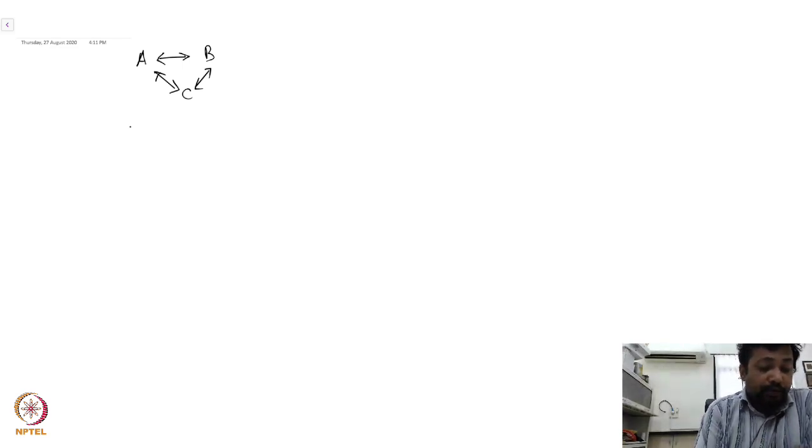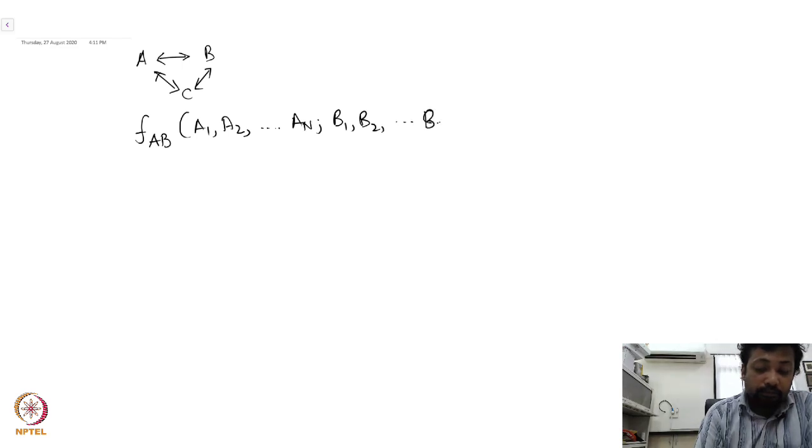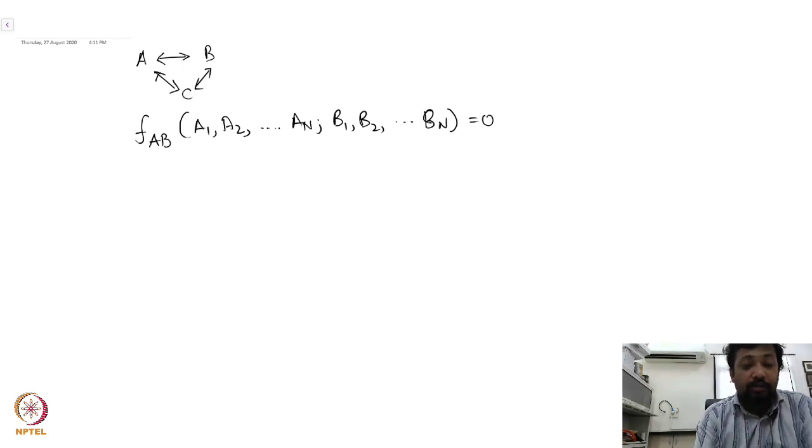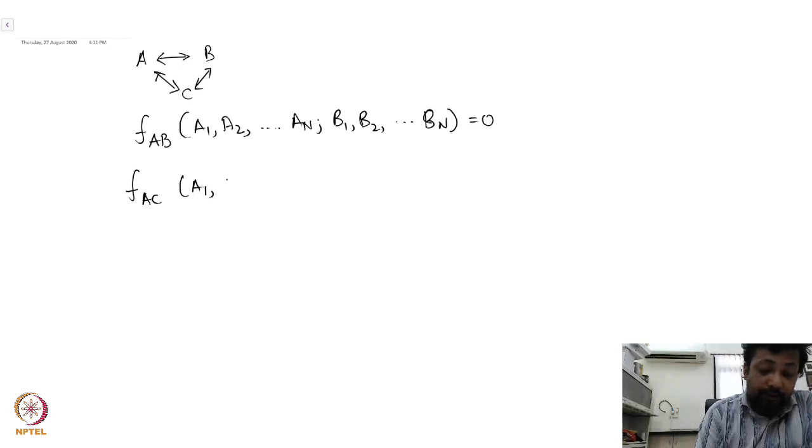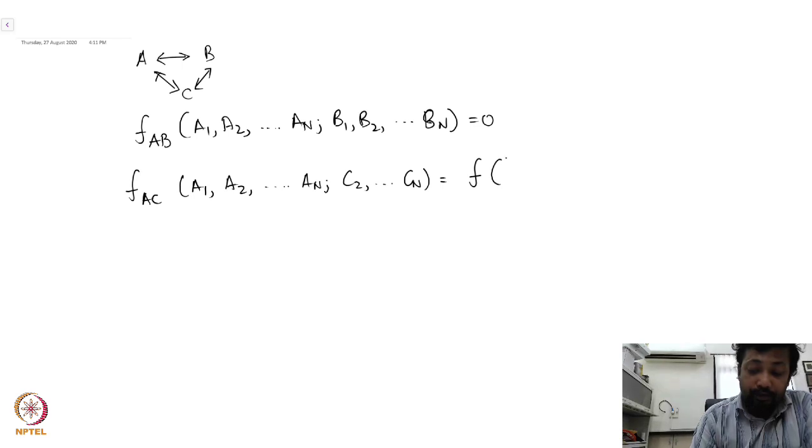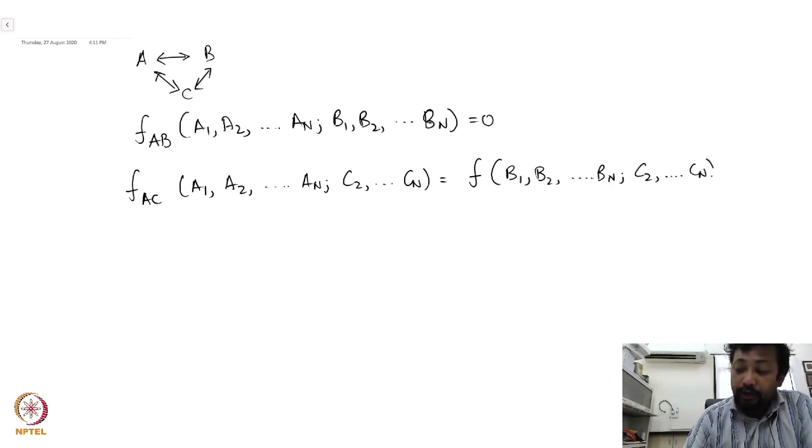So it follows that I should have an equation f of AB that describes the joint equilibrium of A and B. Together with this equation, of course, I have f of A1, A2, An, C2, Cn is equal to f of B1, B2, Bn, then C2 all the way up to Cn.